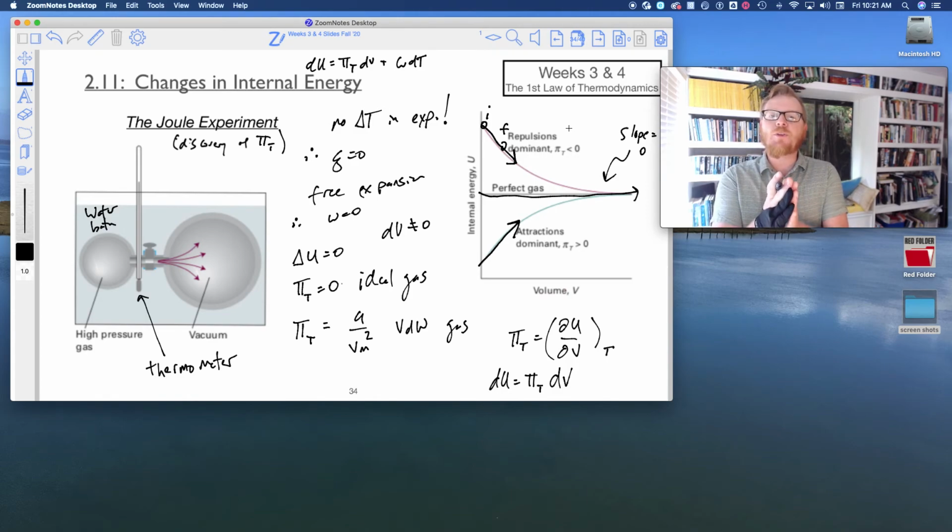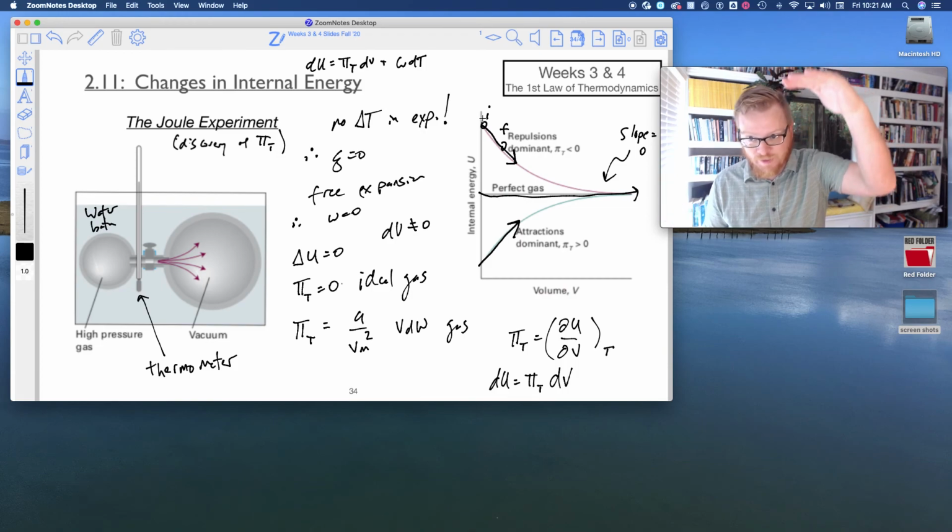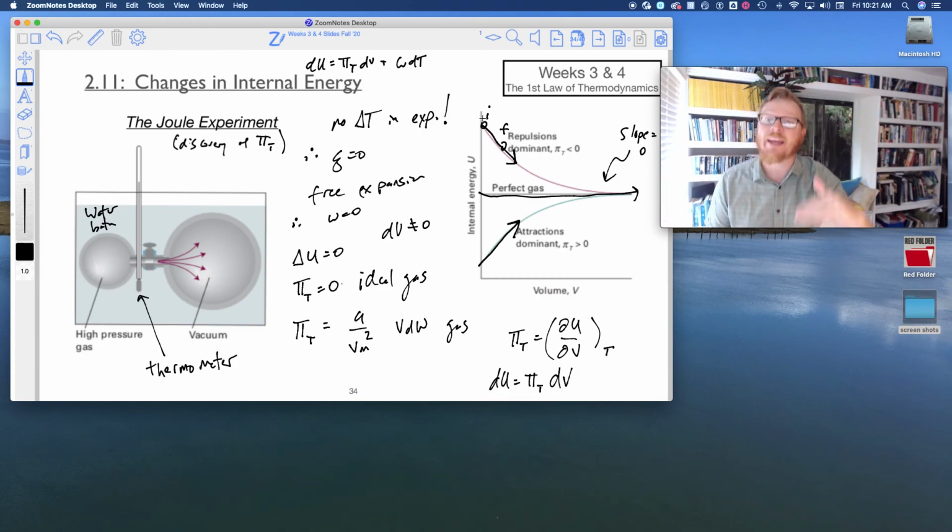If as a result of expanding, the internal energy decreases, we know in that initial state, repulsions must have been dominating because those repulsions have the effect of raising the internal energy of a gas. And so if we're expanding these gas particles and the internal energy is dropping to a more favorable outcome, then we know from that initial condition repulsive forces must have dominated.